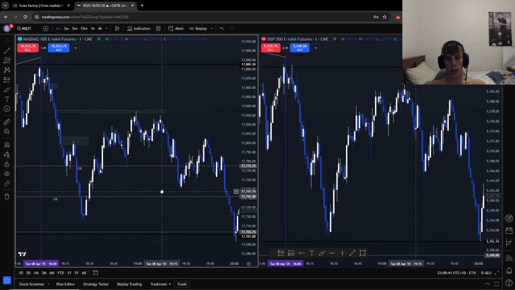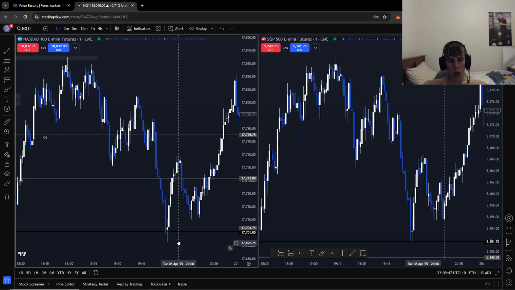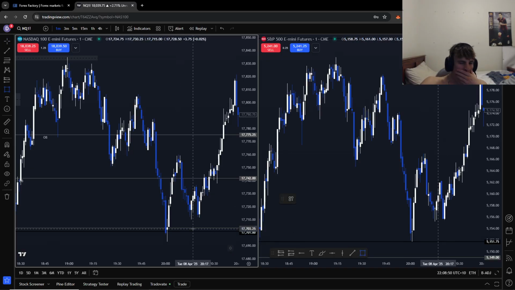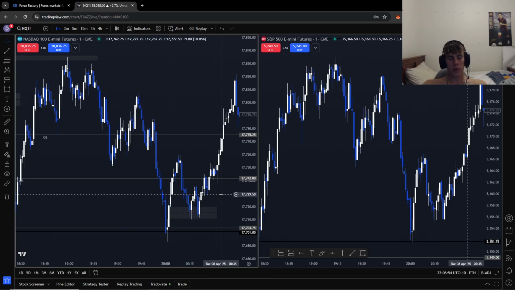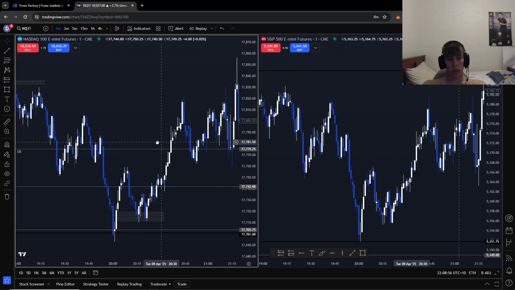If ES swept, I'd be a bit hesitant because it's divergence then, but still fine. Then it comes, sweeps. We of course get the 1 minute tappers without any breaks of structure.